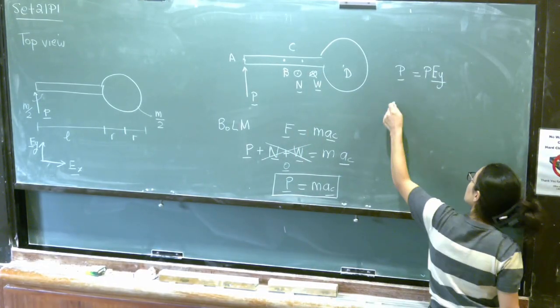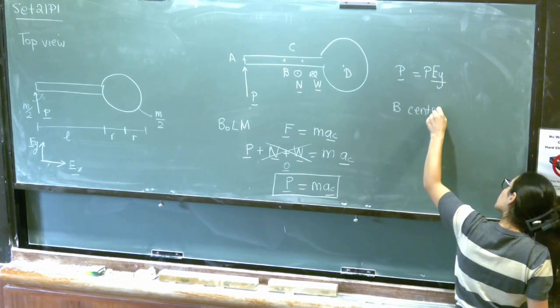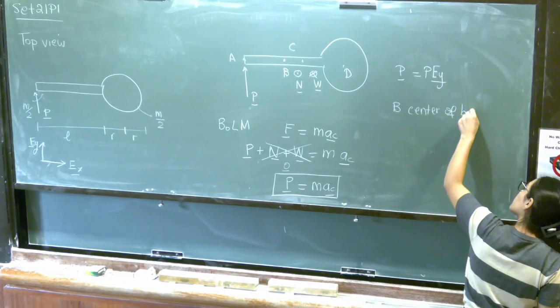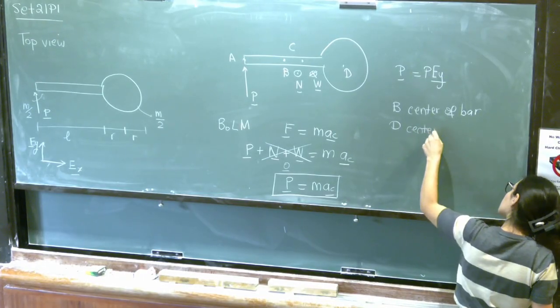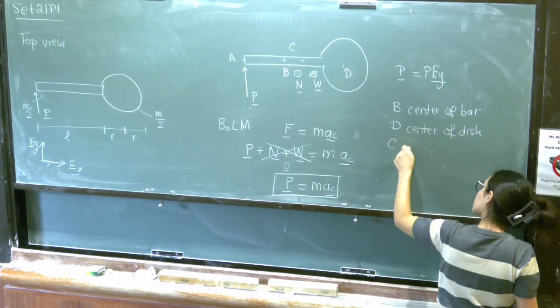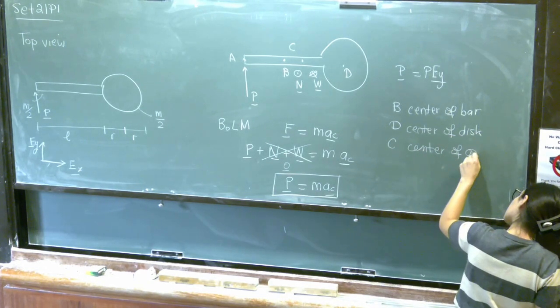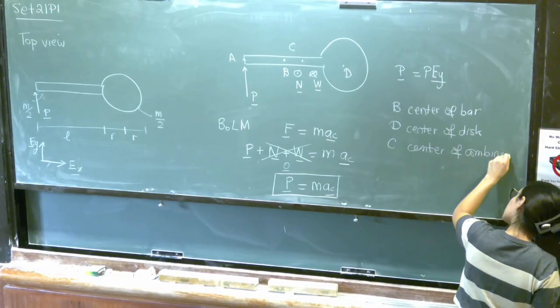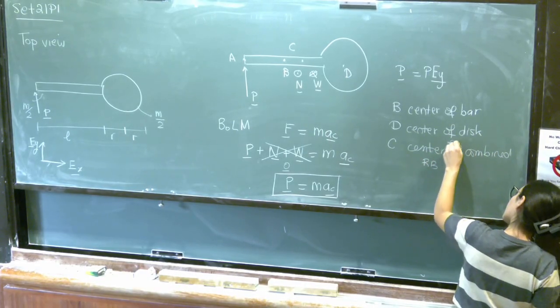B is the center of the bar. And here it's all the center of mass.